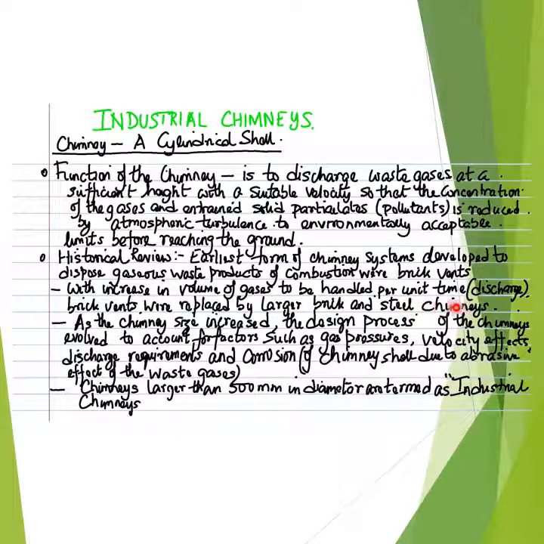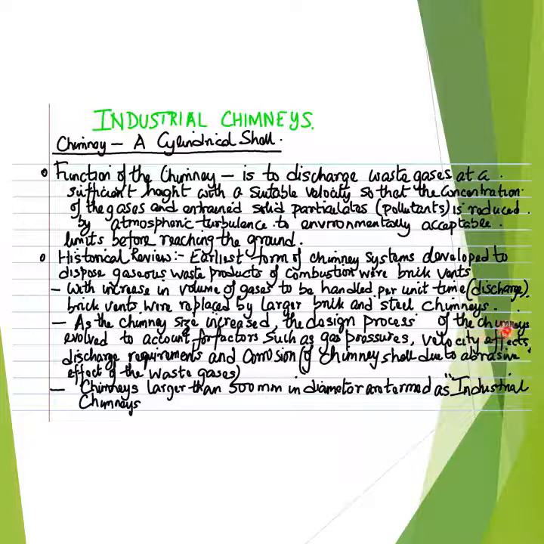With increase in volume of gases that were to be handled, that is the discharge of the chimney, that is the volume of gases to be exhausted per unit time defined as discharge, increasing in magnitude, the brick vents were replaced by larger brick and steel chimneys.